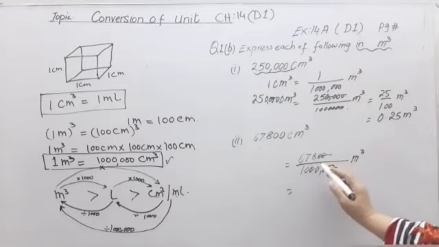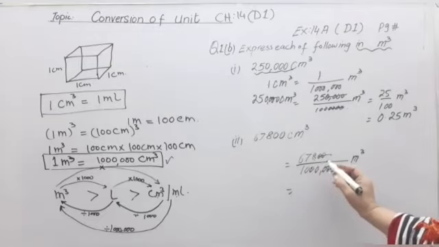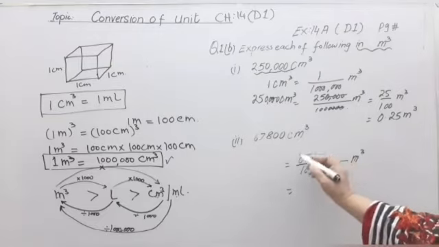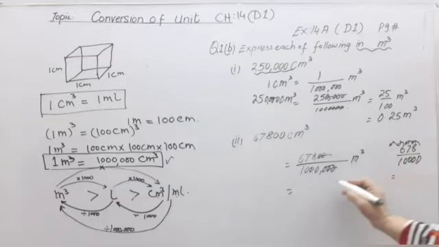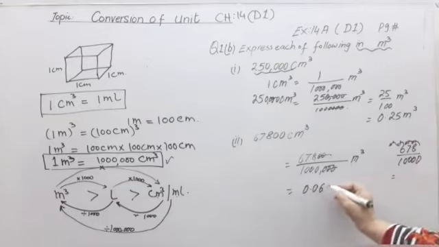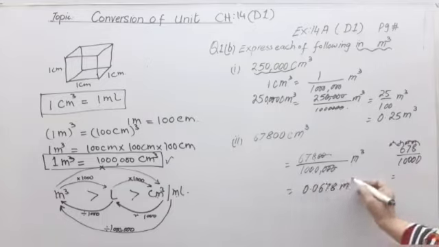When there is a whole number, the point exists at the end, so we move it to the left. Just like if I have 678 divided by 10,000, so I have 4 zeros and 3 digits. The 3 digits come here and 1 zero as it is, because the point moves to the very left side. 1, 2, 3 and 4. So it will be 0.0678 cubic meter.